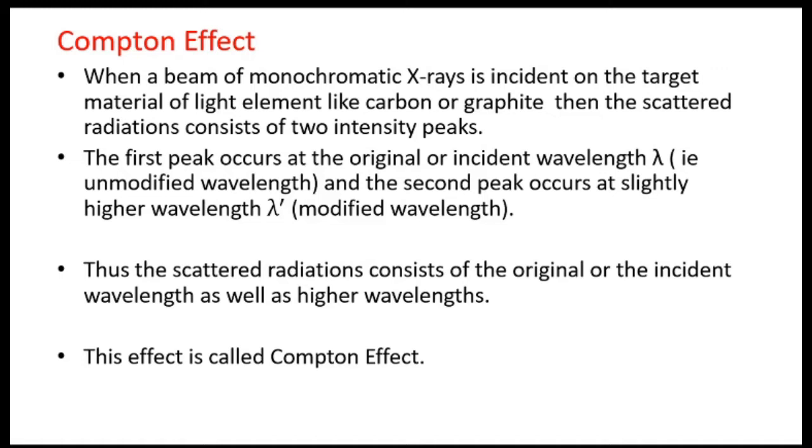then the scattered radiation consists of two intensity peaks. The first peak occurs at the original or incident wavelength lambda, which we can also call the unmodified wavelength, and the second peak occurs at a slightly higher wavelength lambda dash.